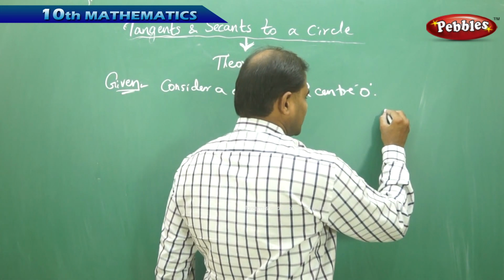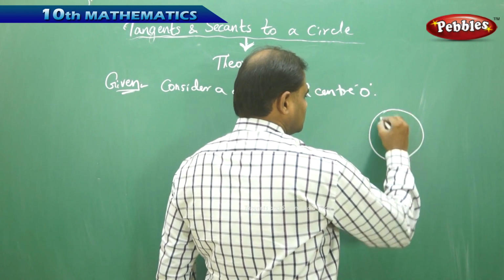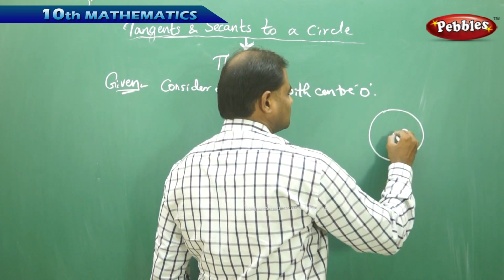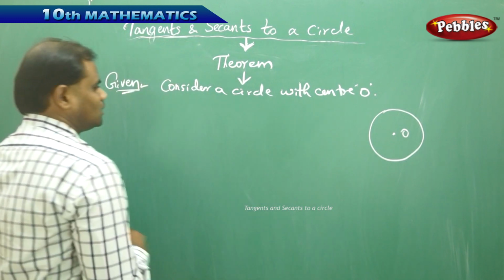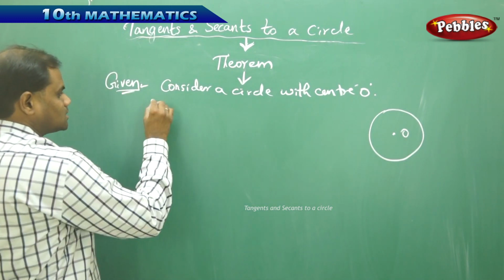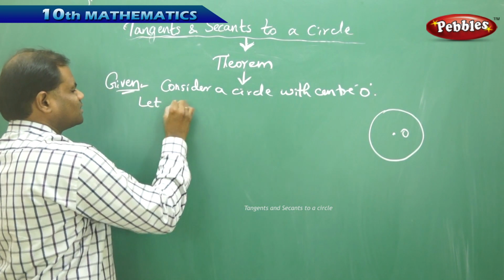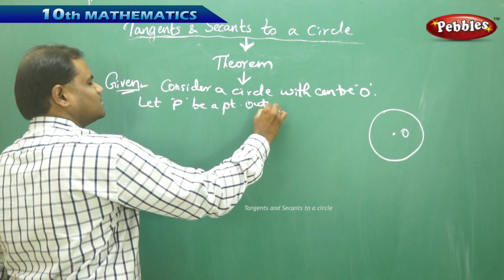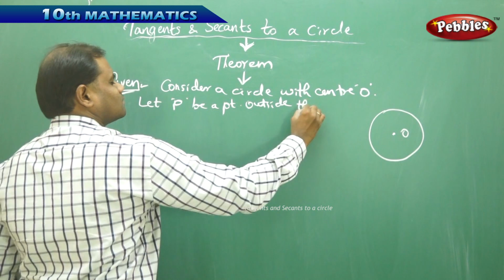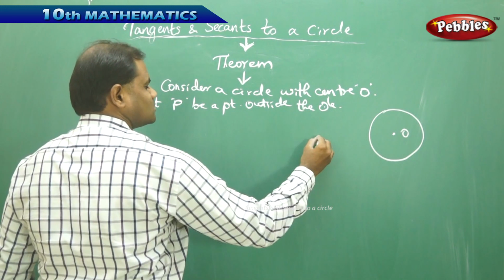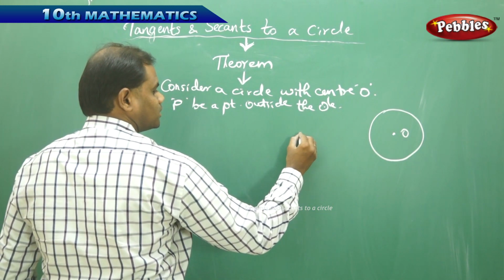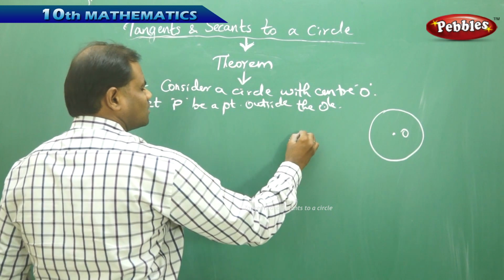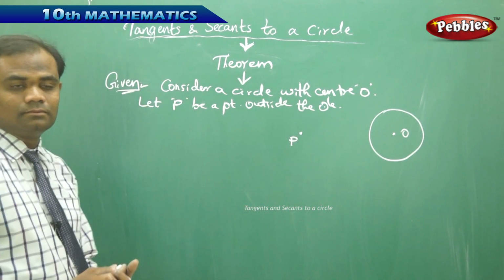That is, I take a circle with center O. Now let P be a point outside the circle. So let me take the point P, which is outside the circle.